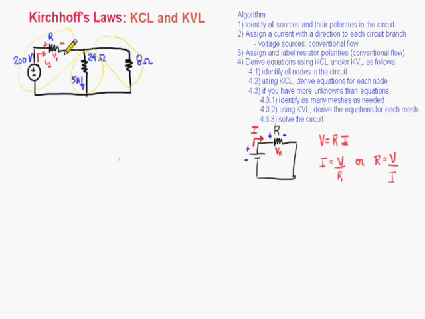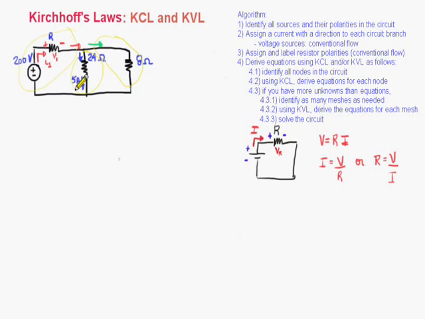My current comes all the way here, finds a node right here, and is going to split. I'm going to assume my current is splitting in this way. I have one current flowing in this direction, and the other one, which is my 5 amps, is going to flow down.